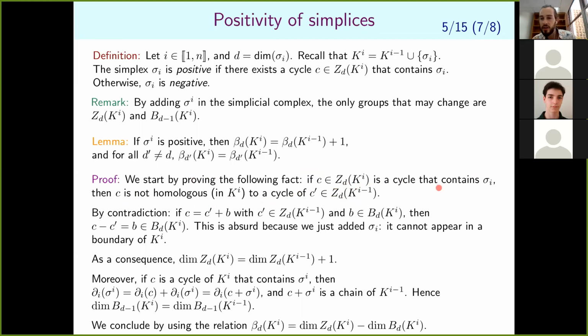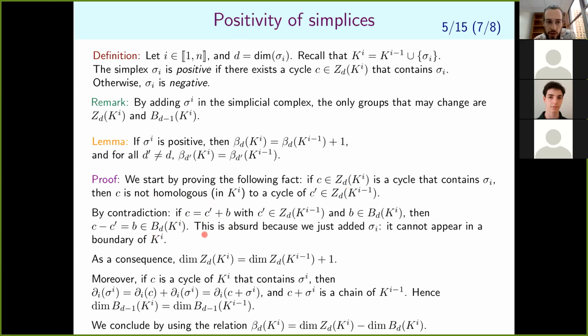That is, this chain is not homologous to a cycle that does not contain sigma I. So this is very easy. By contradiction, I suppose that I can write my cycle C as the sum of another cycle and a boundary. Because being homologous, let me recall you that it means that you are equal up to a boundary.